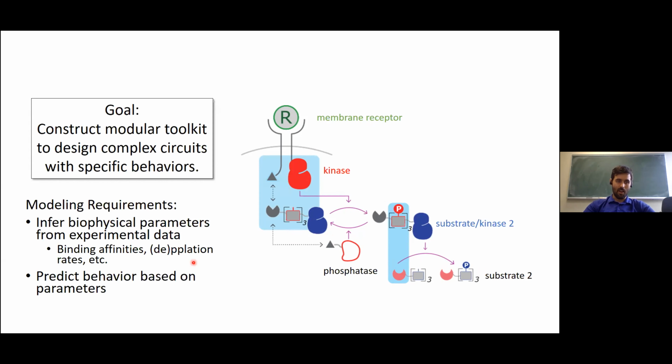This is where modeling comes in. Two things we have been helping them accomplish are to infer the different biophysical parameters from experimental data, like binding affinities and phosphorylation rates, and then predict how these circuits will behave in new contexts where we combine the different pieces together.